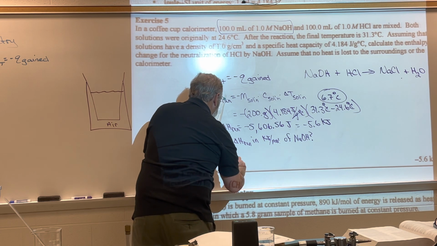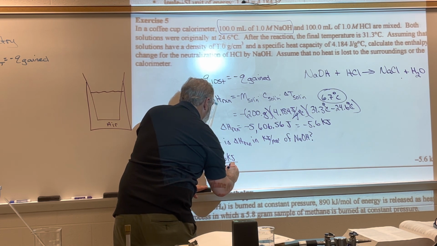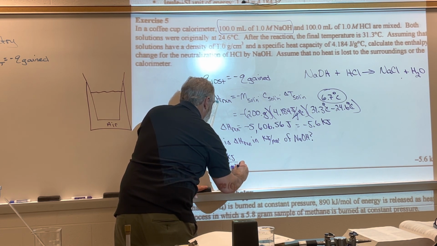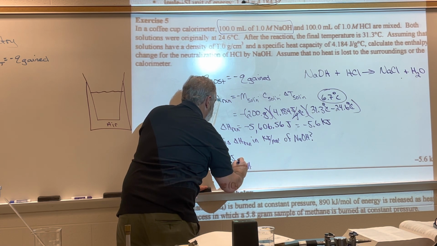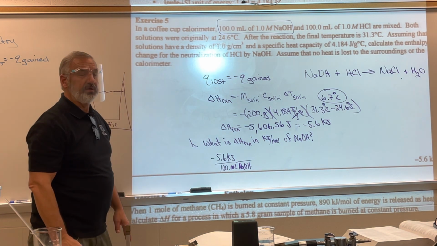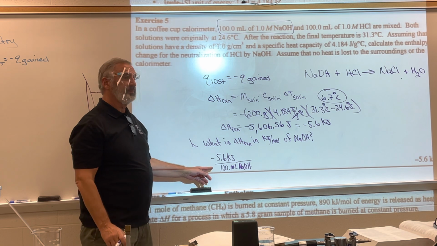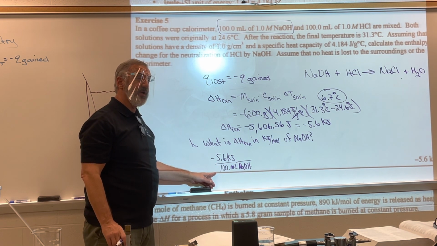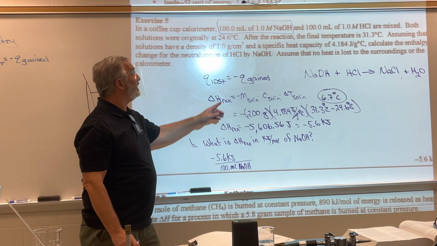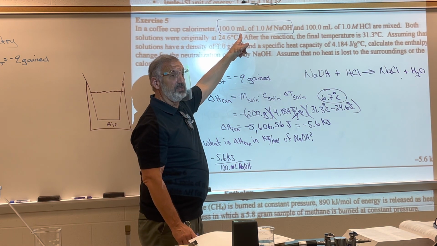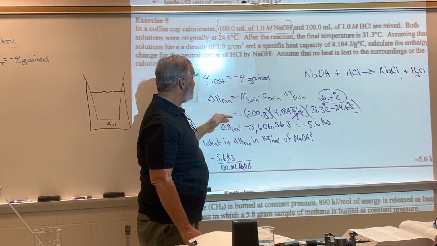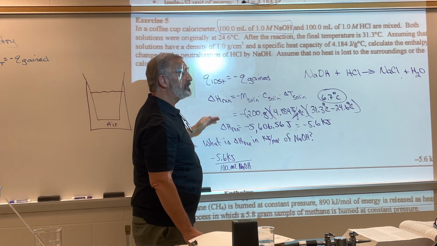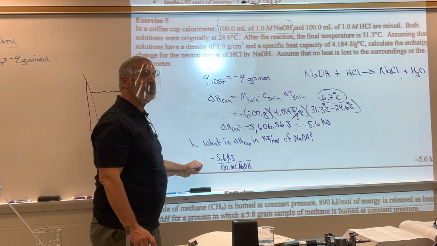This is per 100 milliliters NaOH. All right? Negative 5.6 kilojoules per 100 milliliters. I thought it was for 200. Well, but of the NaOH. All right? For the delta H, it's per 100 milliliters of the NaOH that you put in.